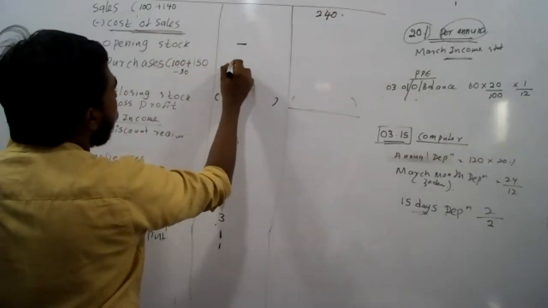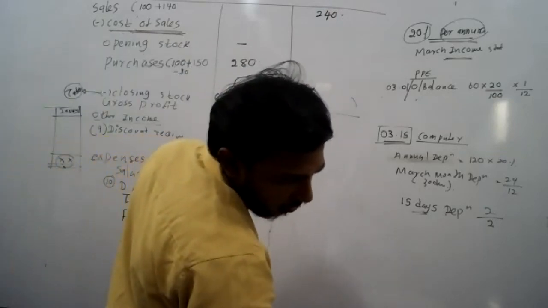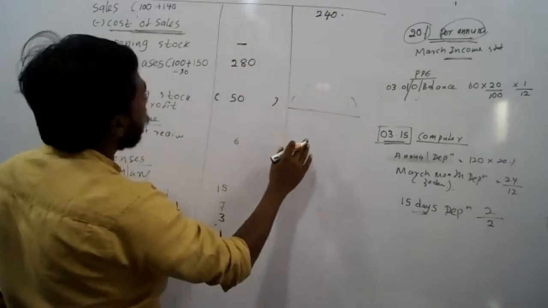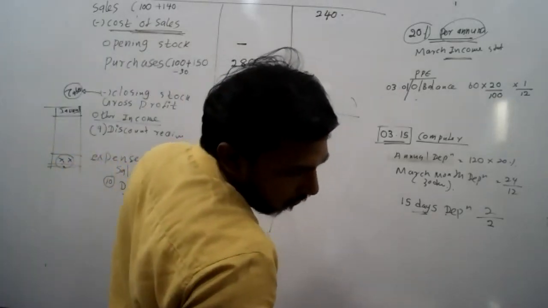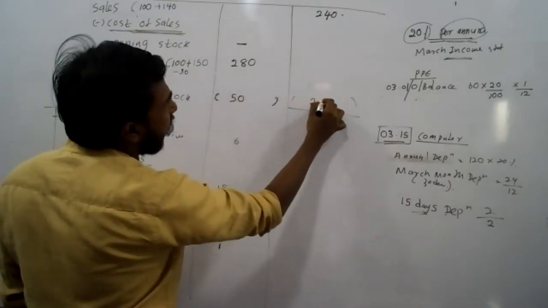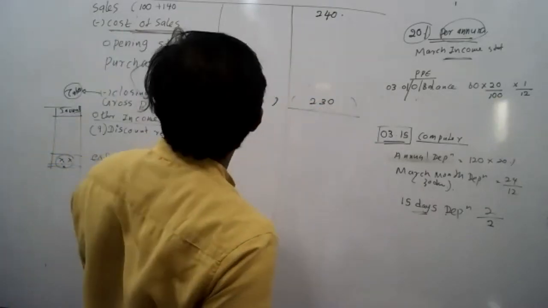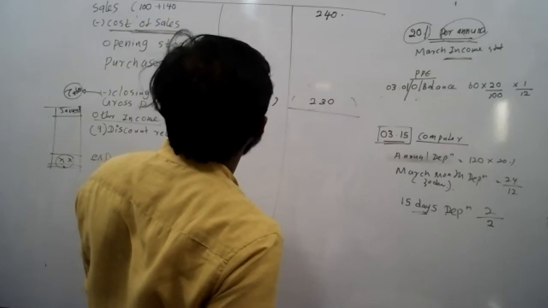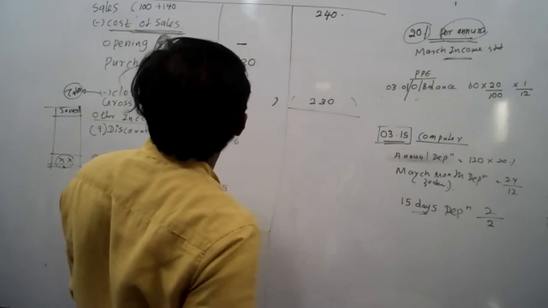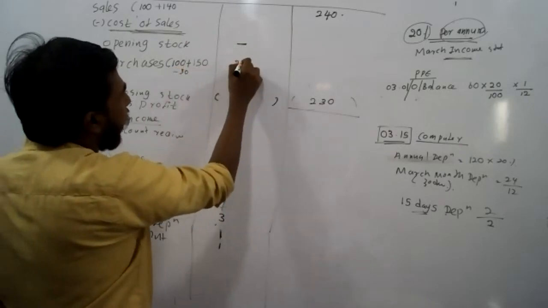Purchases is how much? 280. Right? No, 250. 250 minus 30 is 220.